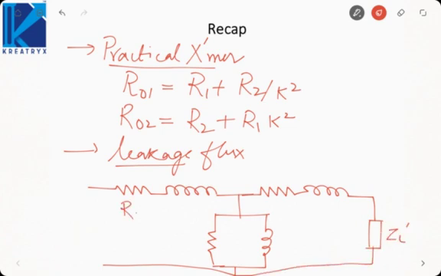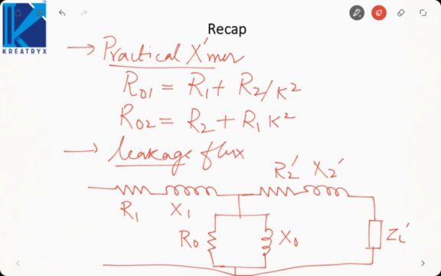This one was R1, X1, R2 dash, X2 dash, R0 and X0. Dash represents that we are referring it from secondary to the primary winding.